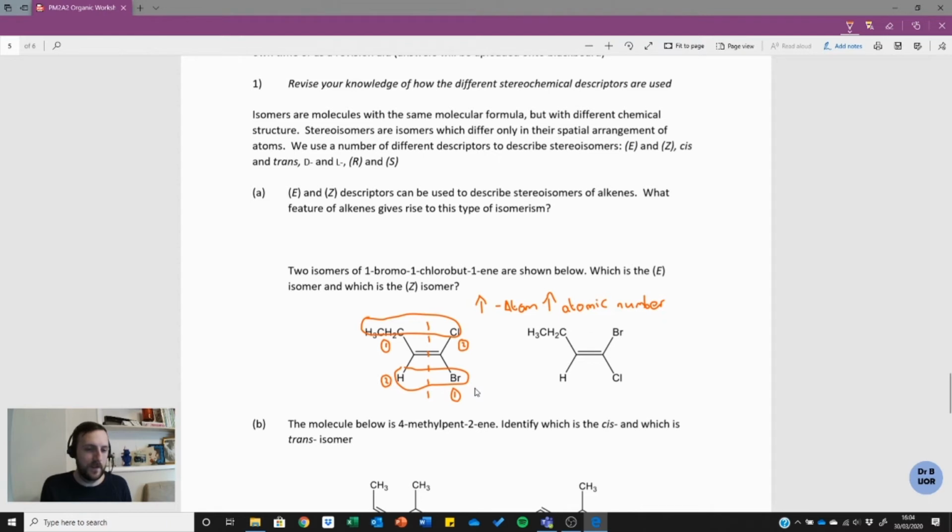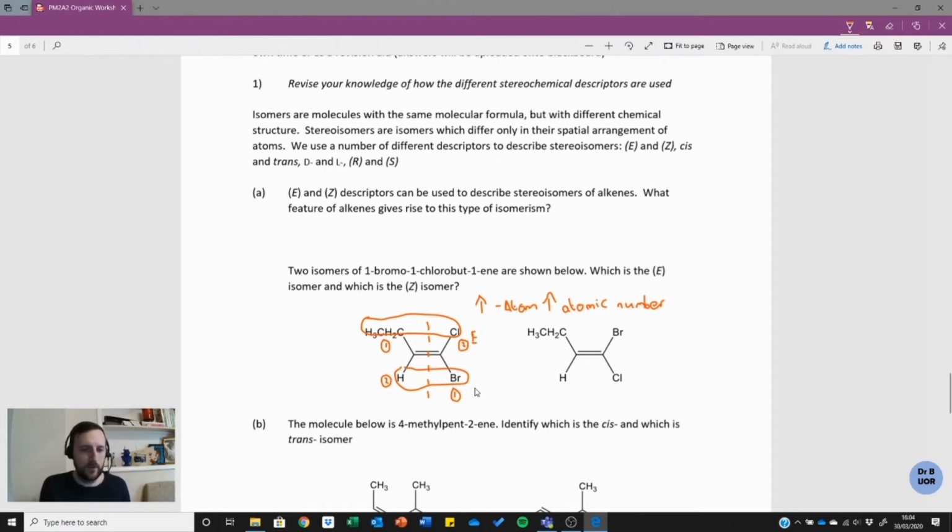So we've got a 1 and a 2 and a 2 and a 1. If these numbers were the same, it would be a Z isomer. If they're different, as they are here, that means this is the E isomer, or E isomeric form. So we'd denote this as E, and that E would go at the front of the name.